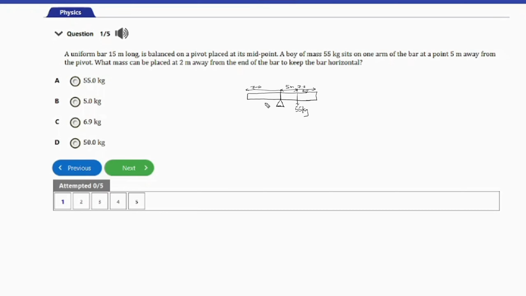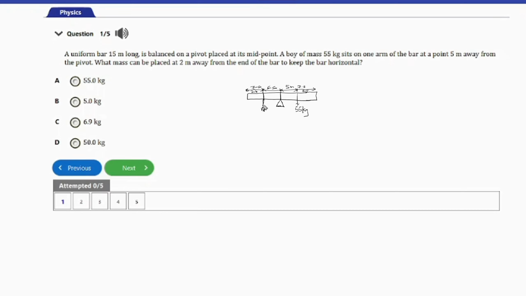For the left part, we said what mass can be placed at 2 meters from the end of the bar. From the end to this point is 2 meters, which means we'll still have 5.5 meters here to complete the 7.5 meters.